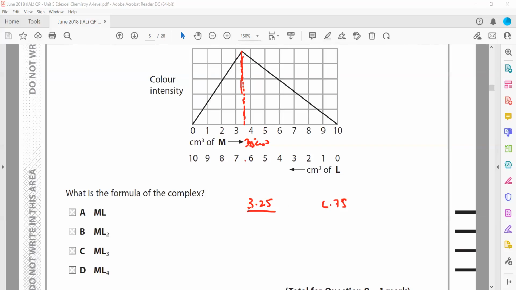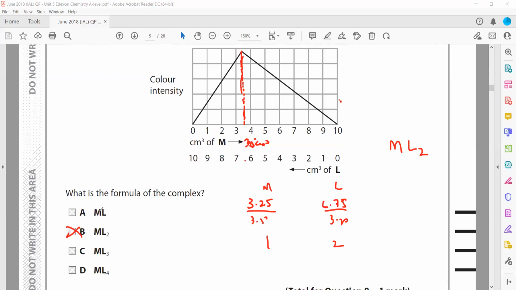When I take the simplest ratio, I divide by the smallest value. So the ratio of M to L is 1:2. And it is a monodentate ligand, meaning one ligand will form one dative, coordinate covalent bond. So it will be ML2. So B is the right answer.